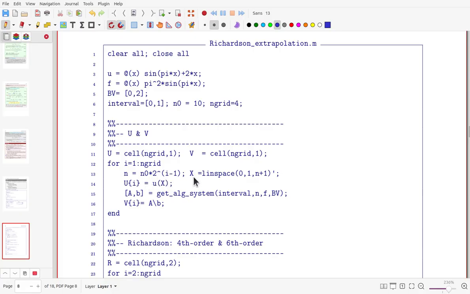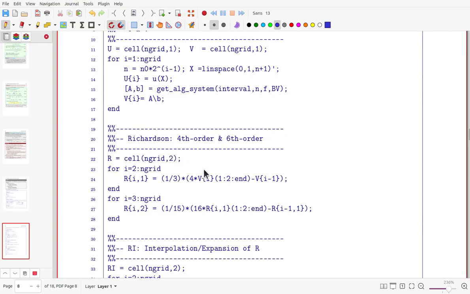And then the points are made, and U is evaluated and saved into the ith cell of U. And now, by calling get algebraic system, we can get A and B, and by inverting A, we can get the numerical solution.